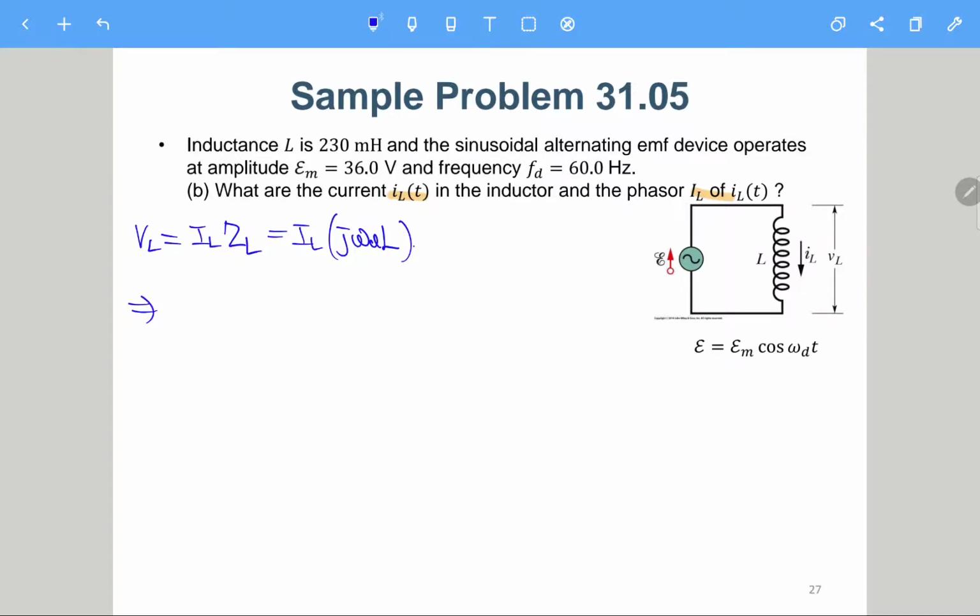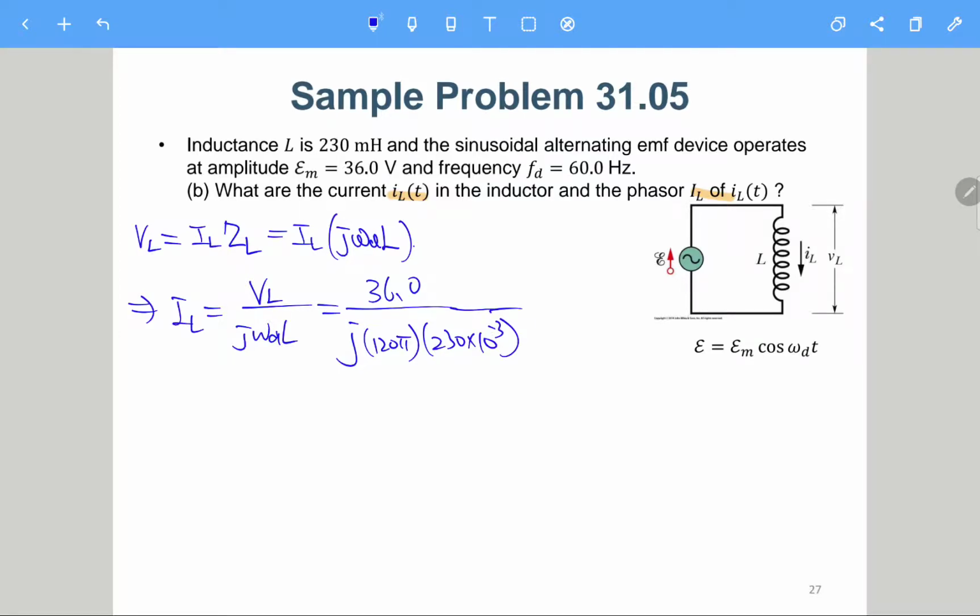So of course we can write IL equals VL over j omega L. And then we can just plug in the values: 36.0 over j times omega, which is 120 pi, and then L is 230 times 10 to the minus third power. So this is minus j times 0.415 A. So this is the phasor.